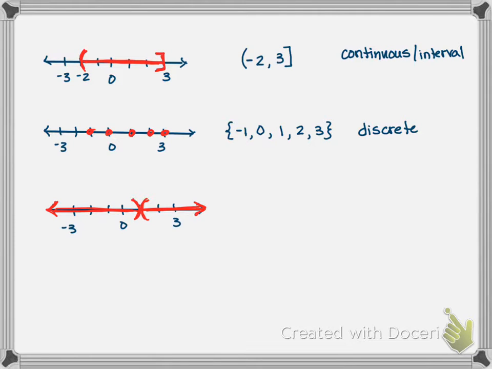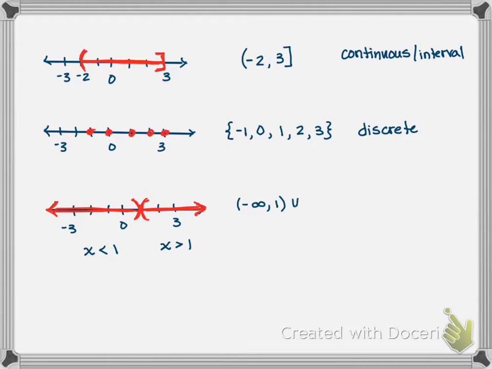Yeah, this is really like two sets put together. It's everything less than 1, but not including 1, and then also everything greater than 1, but not including 1. So we can think of it as, like Zachary said, we have -infinity up to 1, but we don't want to include 1.